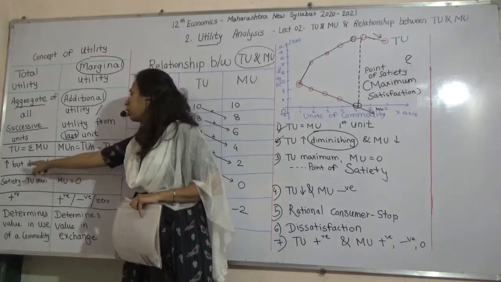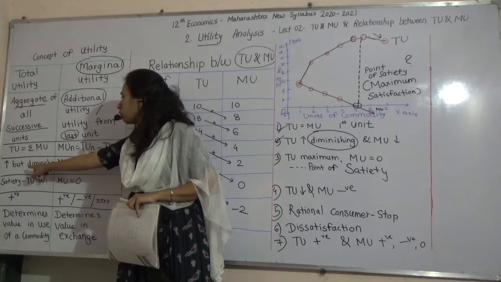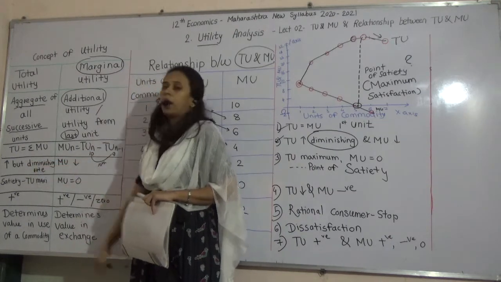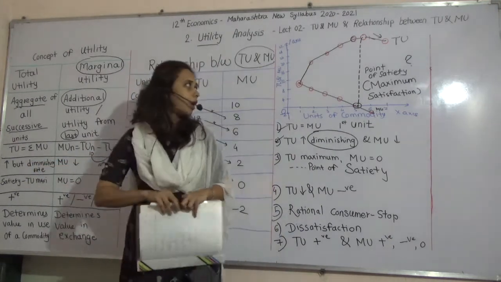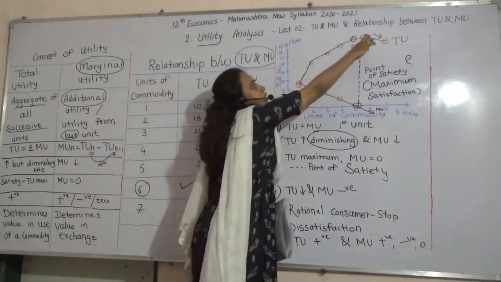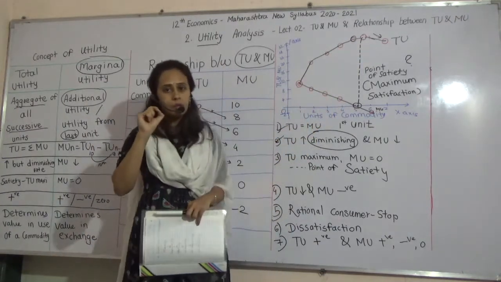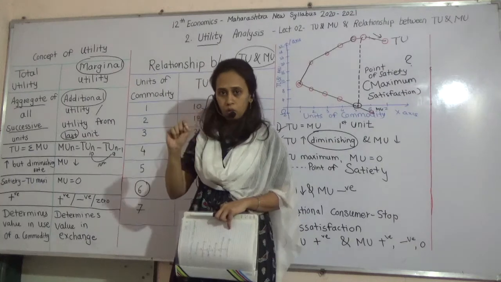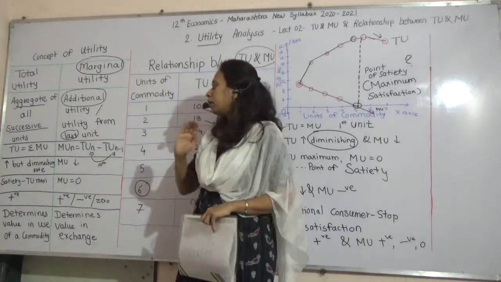Now the third point. TU starts increasing but at a diminishing rate. Diminishing rate means the rate is slow, even though it's increasing, the rate is slow.